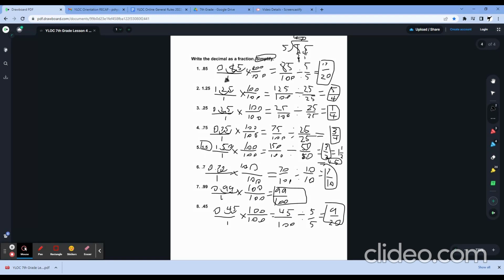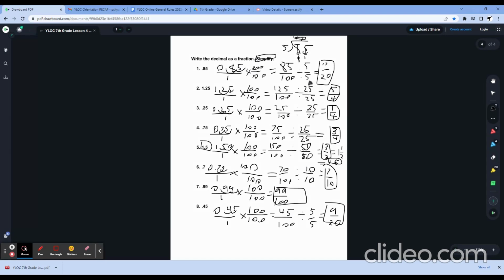Let's look at number 2 as well. Again, we want to set the given number 1.25 over 1. Setting it over the denominator of 1 will not change the value of 1.25. Multiply it by 100 over 100 to get rid of the decimal without changing the value. It's going to equal the fraction 125 over 100. Divide both the top and bottom by the greatest common factor to simplify it into the lowest terms.